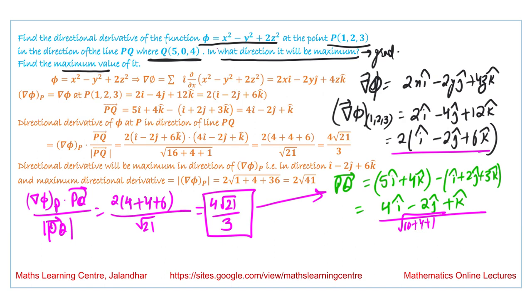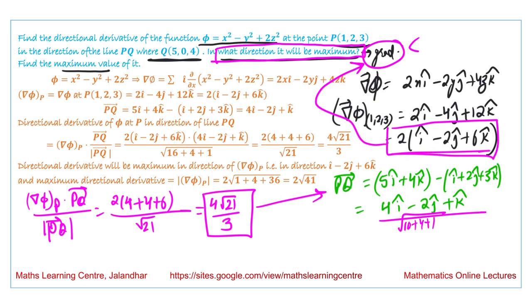The answer for the second part: in what direction will the directional derivative be maximum? It will be maximum in the direction of this gradient. It means the direction ratios are 1, minus 2 and 6, and we find its maximum value.